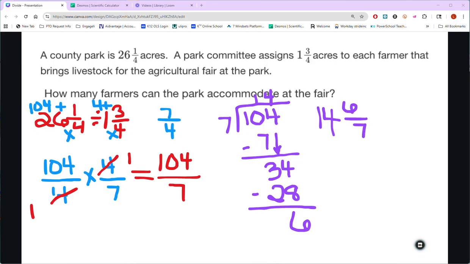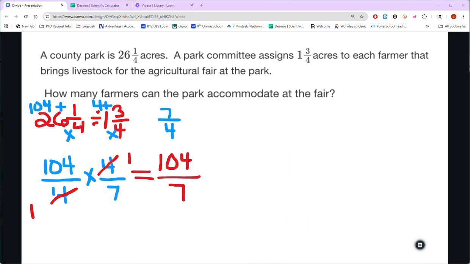Now, if I multiplied across, I certainly can do that. I'm going to get much bigger numbers. But I will go ahead, let me get this erased, and we'll show you what that looks like. So let's say I did not cross simplify, and I kept my 4 over 4 the way it was, and I multiplied straight across.